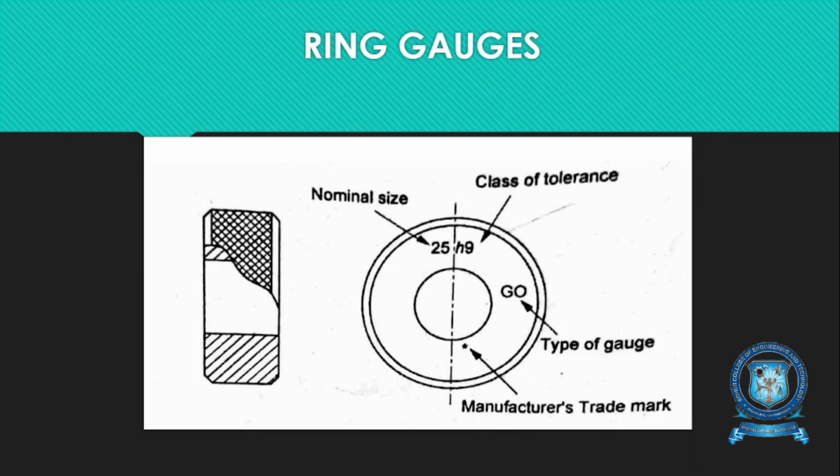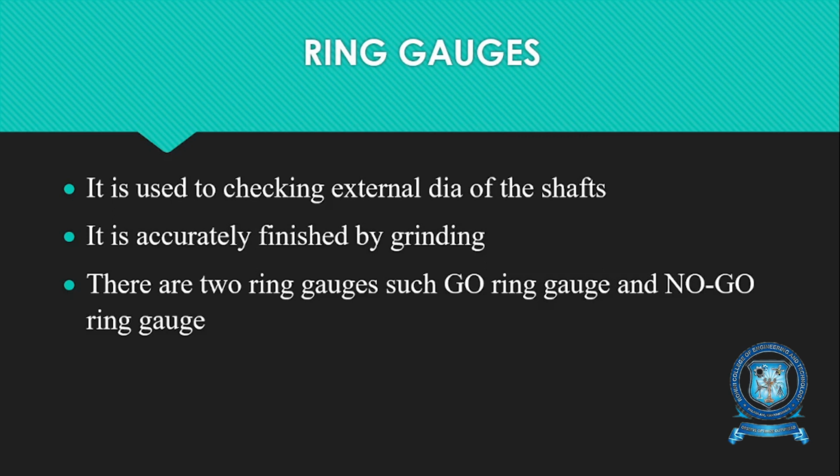The whole of the ring is accurately finished by grinding. There are two ring gauges, the go gauge and the no go gauge. The ring is knurled to give more grip while handling the gauges.